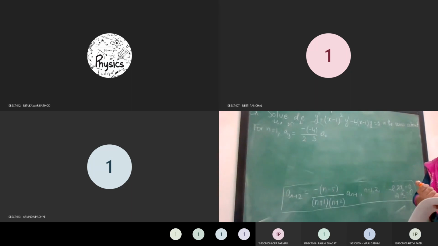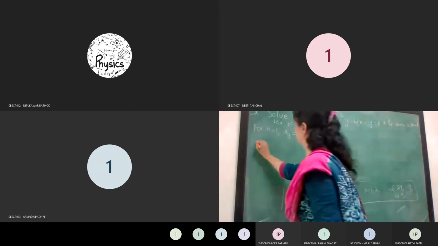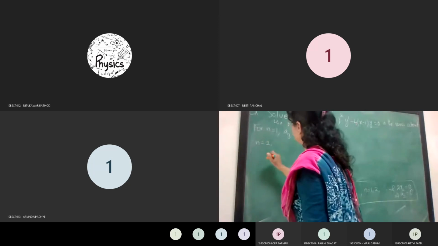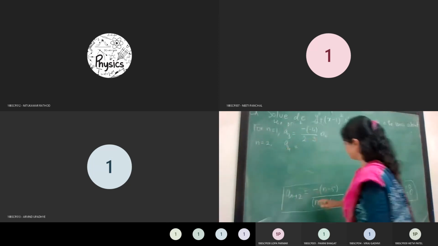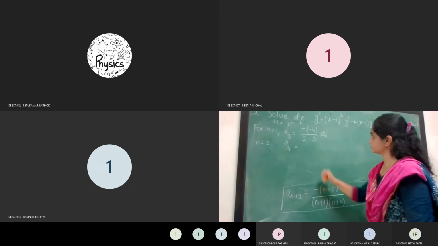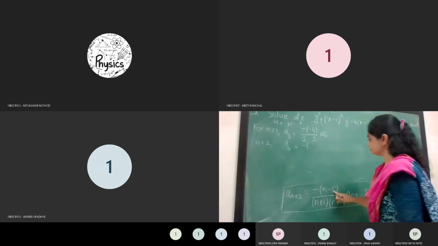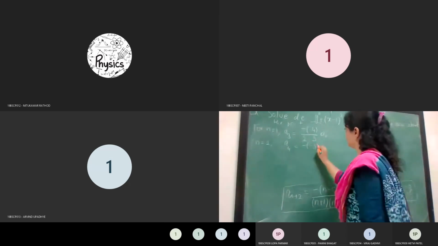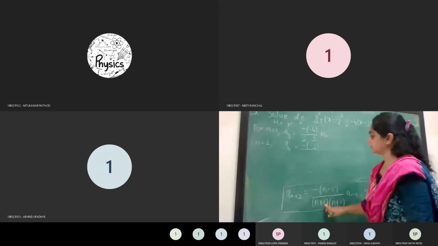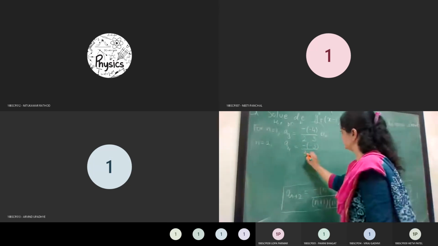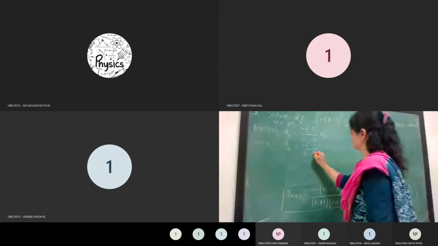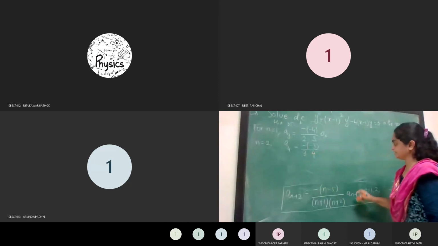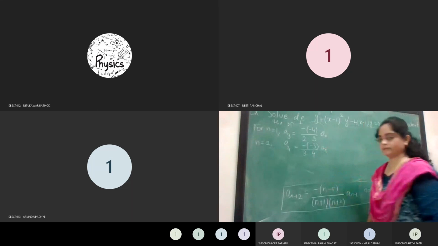Okay. So now for n is equal to 2, this will become a4. So a4 is equal to minus of 2 minus 5, minus 3 upon 2 plus 1, that is 3 into 2 plus 2, 4, a2 minus 1, so a1.